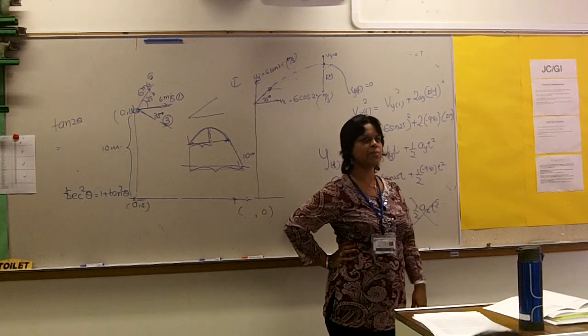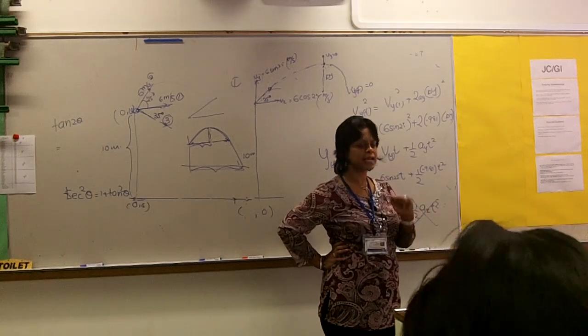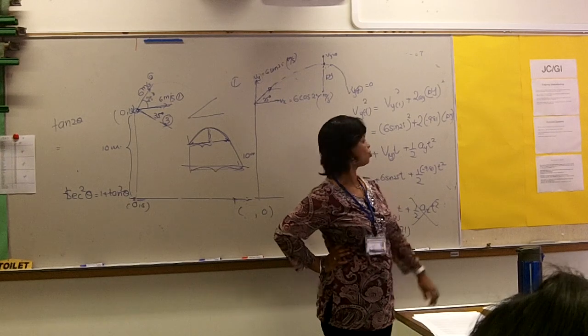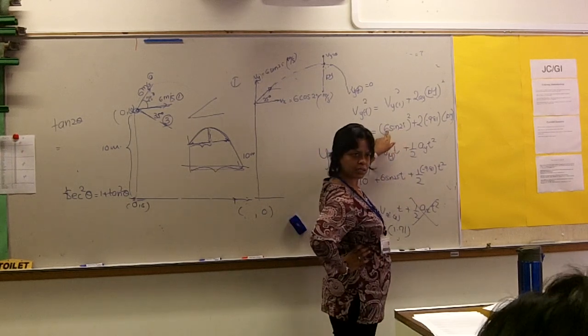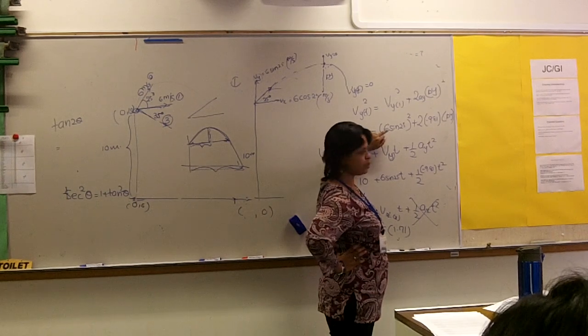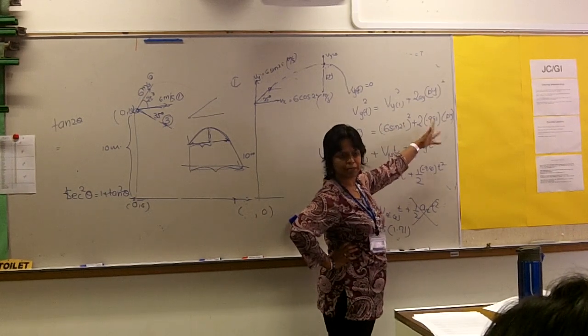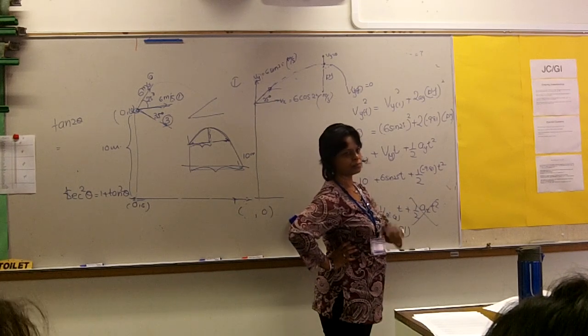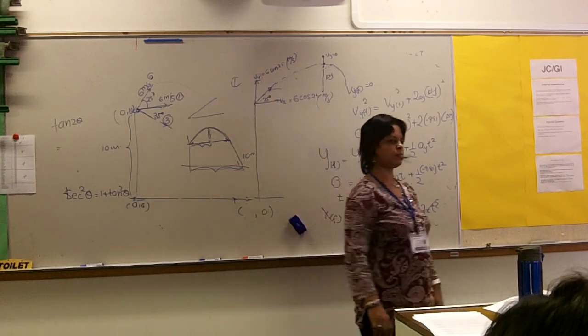That can't be, because sine 25 is less than 1. So if this is less than 1, this is less than 36, and you are dividing it by 18. Wait, what's your problem? I think you're reading in radians.